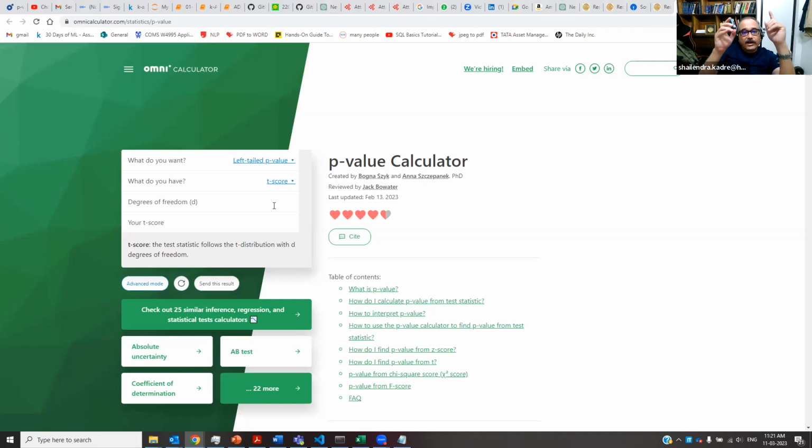And what is the degrees of freedom? I have not explained this to you. Degrees of freedom is sample size minus 1. So guys, how much is the sample size in this case? Jignesh bhai, how much is the sample size?